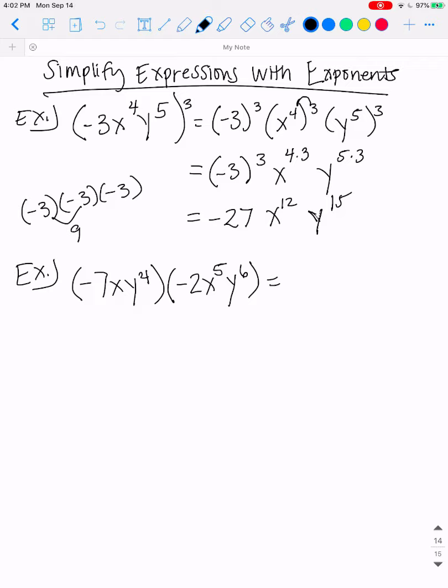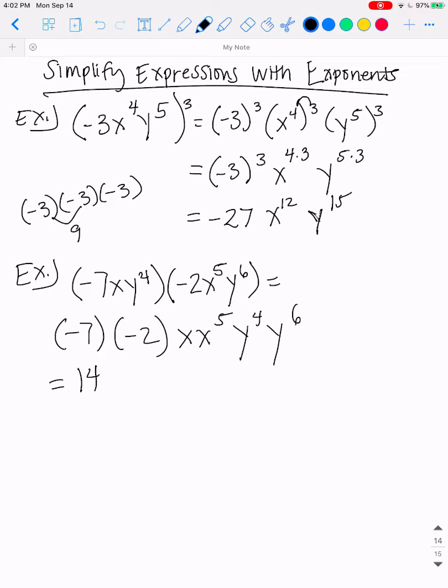So here we're going to combine like terms. So we have -7 multiplied by -2, and then x multiplied by x to the 5th, y to the 4th, y to the 6th. It doesn't matter the order of the terms, I'm just grouping them together. We could even drop the parentheses in the beginning and it's just one big long multiplication statement.